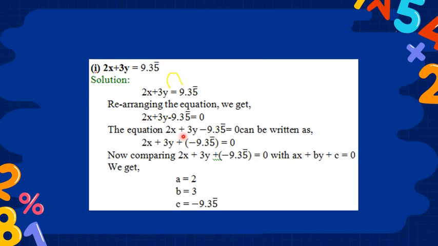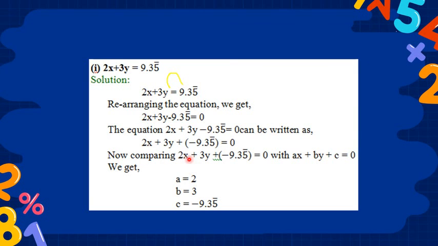The equation 2x plus 3y minus 9.35 bar is equal to 0 can be written as 2x plus 3y plus of minus 9.35 bar is equal to 0.